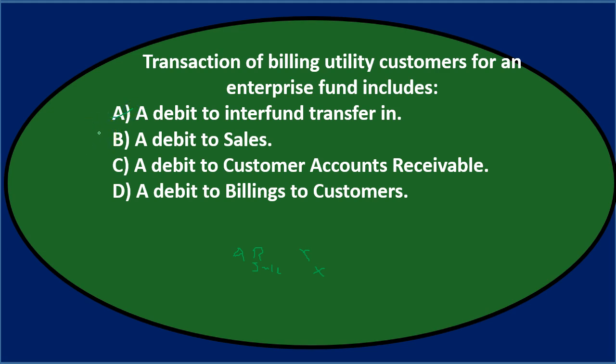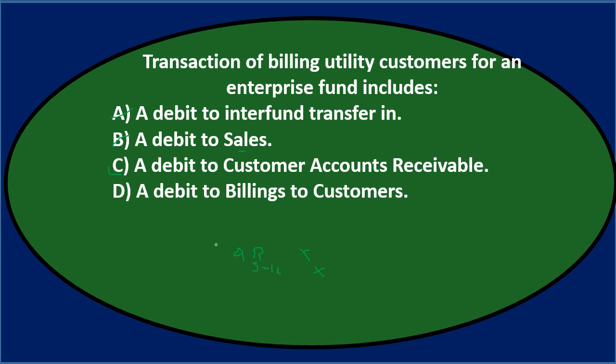B says a debit to sales. Now, we might have sales, which seems reasonable because it's an enterprise fund, but that's a revenue account, and revenue goes up with a credit, just like normal for-profit accounting, so it's going the wrong way. C says a debit to customer accounts receivable, and that's kind of what we would expect, accounts receivable going up because we billed people. So that seems reasonable. D says a debit to billings to customers.